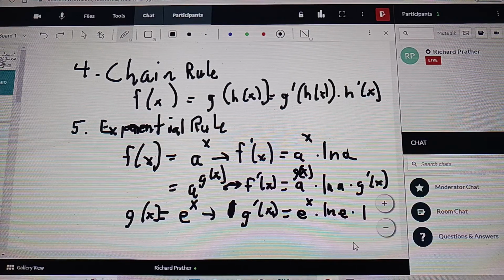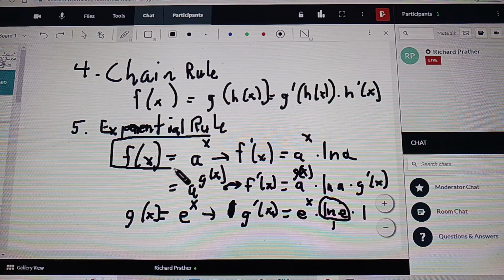The only difference, though, is ln of a is going to be in any answer where the base is any positive number other than 1 and other than e, because ln of e is a special case that equals 1. It's one of the properties of logs that ln of e equals 1. So the derivative of a to the x, if a is just some generic base, is a to the x times ln of a.